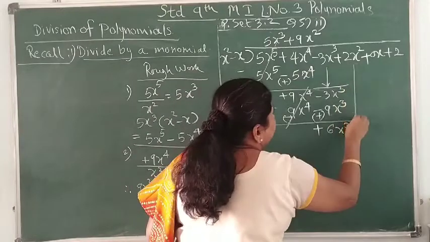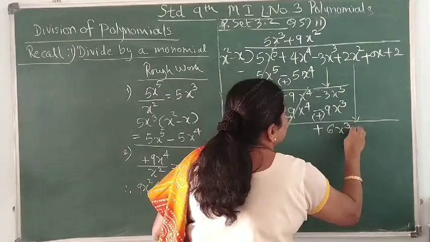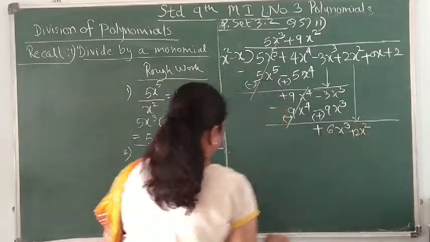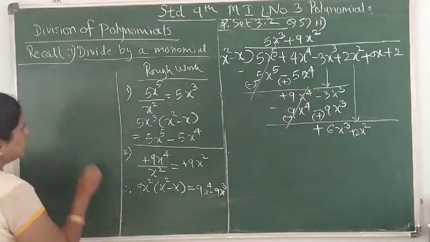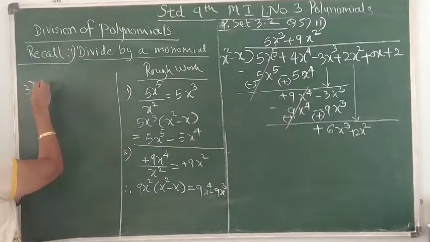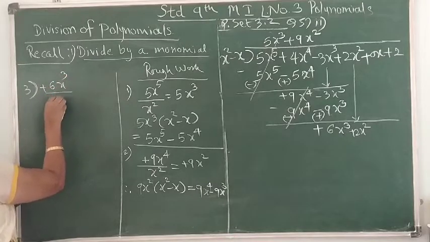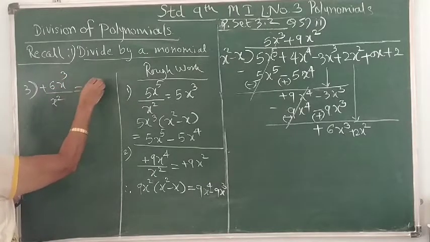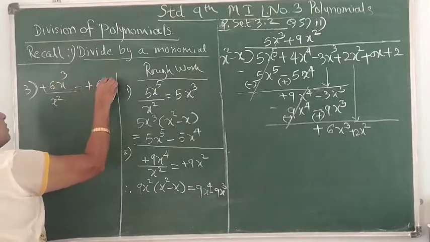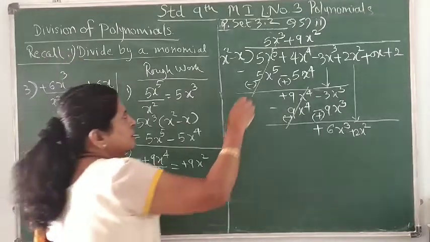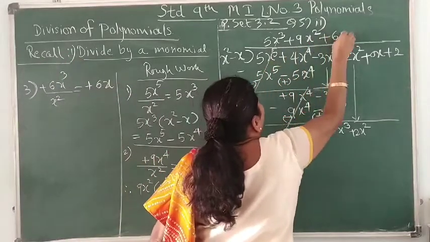Now take this term plus 2x square down. Okay, now let me start here. Third step: now the first term is plus 6x raised to 3 divided by x square, you get 6x. So copying this plus 6x over here.